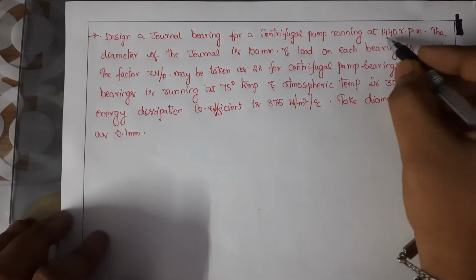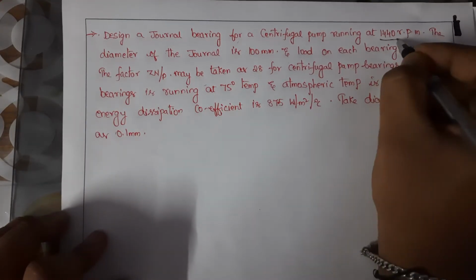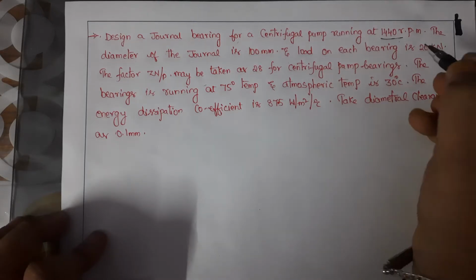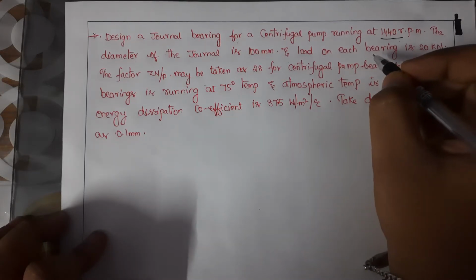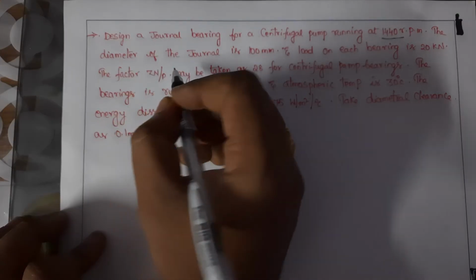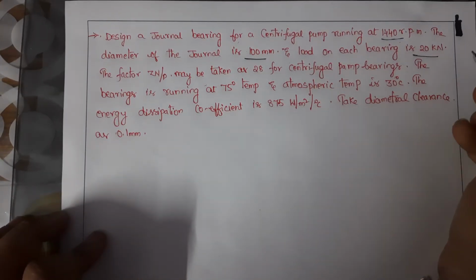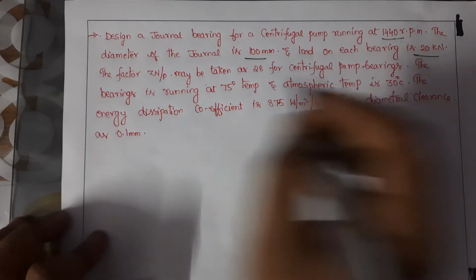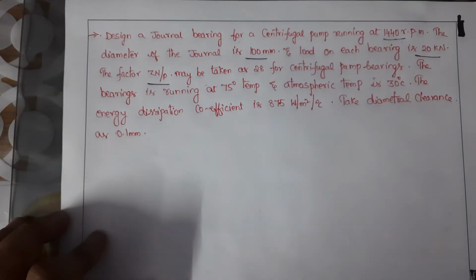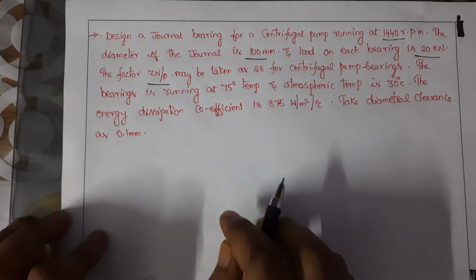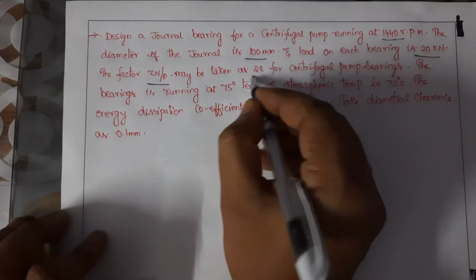So the given data is: the speed N is equal to 1440 rpm, and the diameter of the journal is given as 100 mm. Load W is given as 20 kilonewtons. ZN/P, the bearing characteristic number, is given as 28.